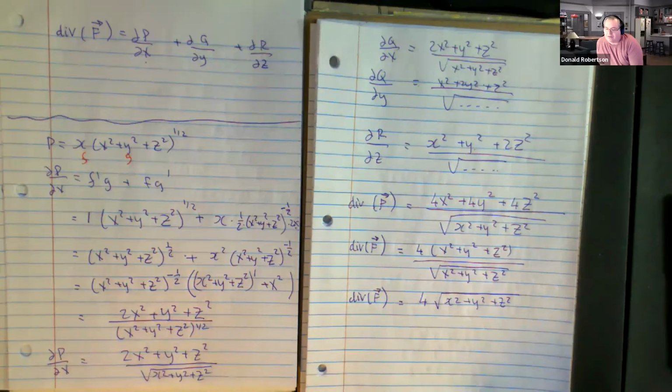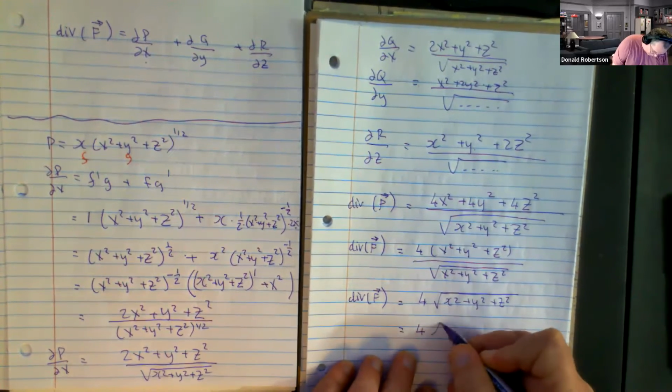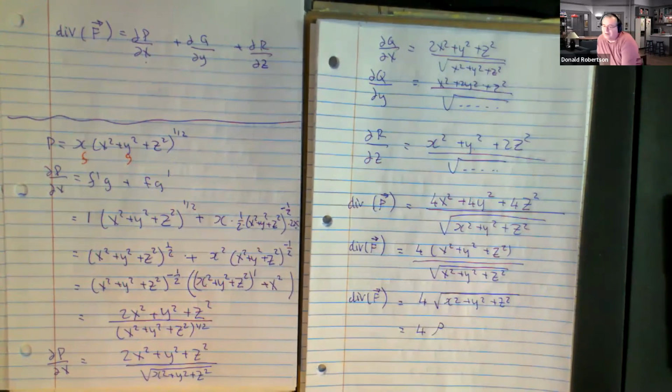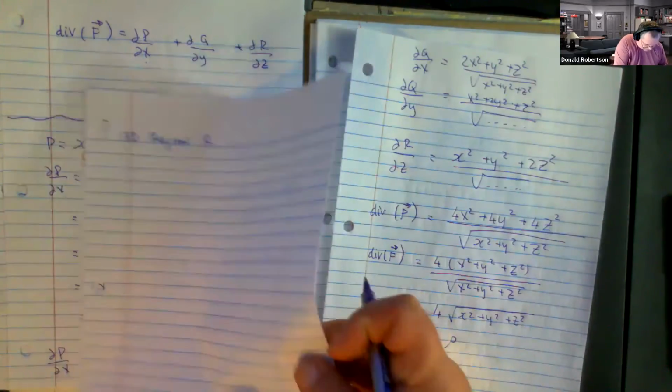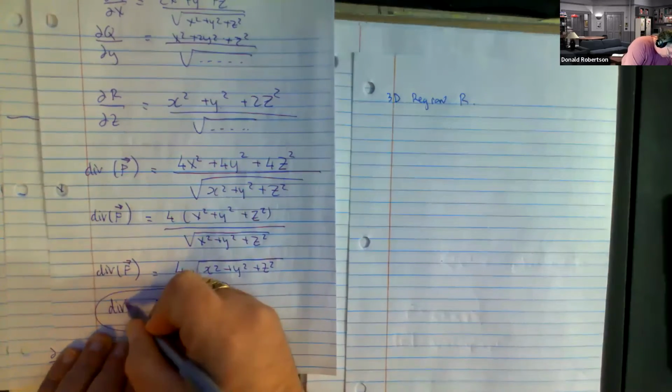Even although we haven't figured out R, that's actually what's going to happen. So since I've told you it's going to be spherical, can we just call that guy 4 rho right now? Because that's what the square root of x squared plus y squared plus z squared gets you, right? Even although we haven't got R, it's going to become 4 rho, right? So let's look at that region R now and sort it out. Better put a bubble around that because I know I'll forget it when I need to see it.